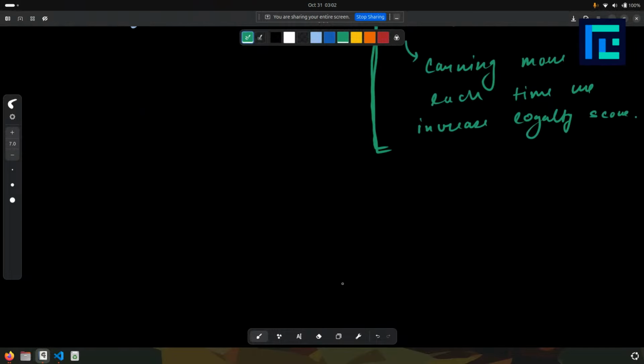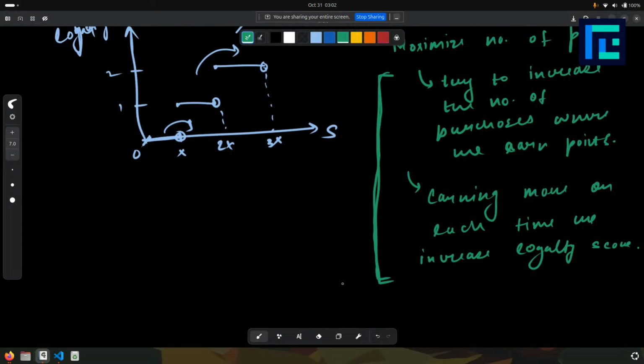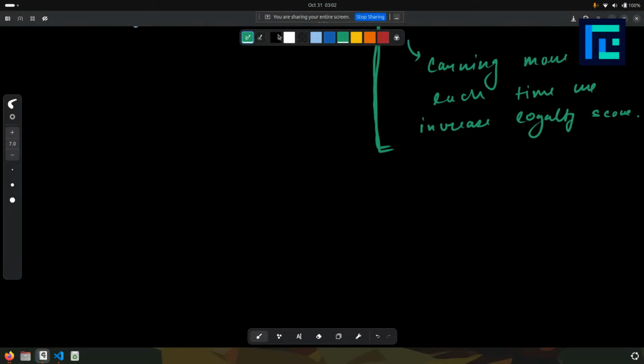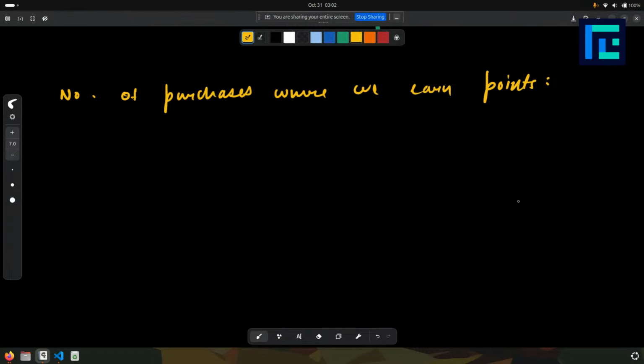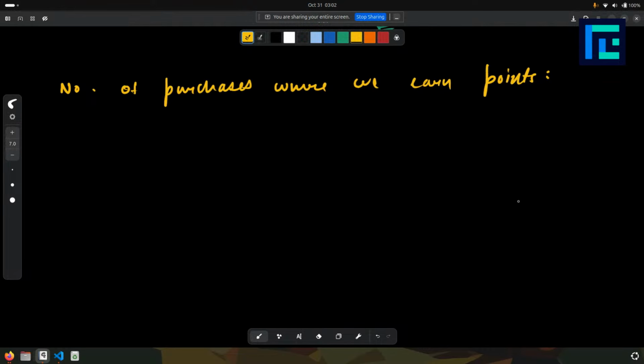So let's focus on the first factor first, the number of purchases where we earn points. We saw the graph somewhat looks like this.